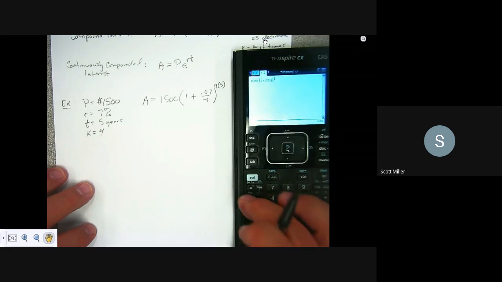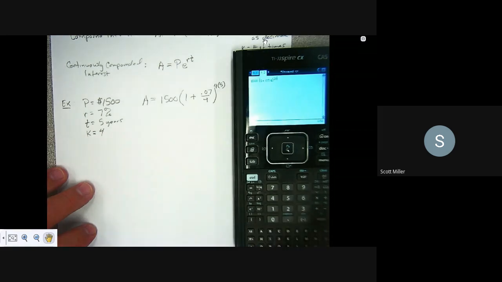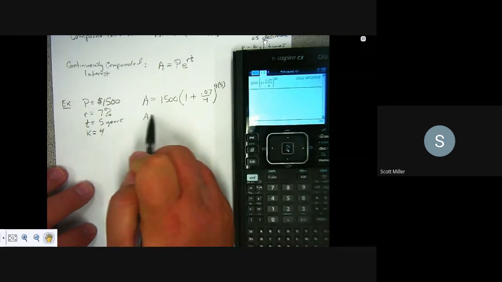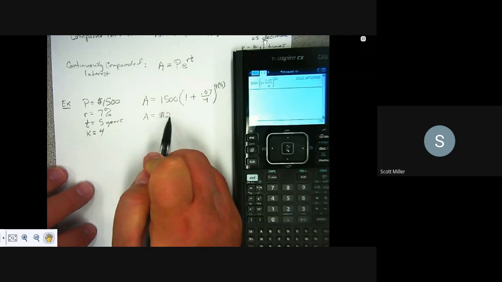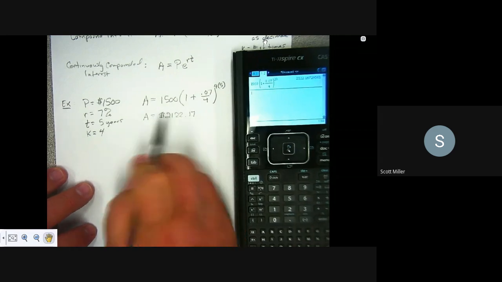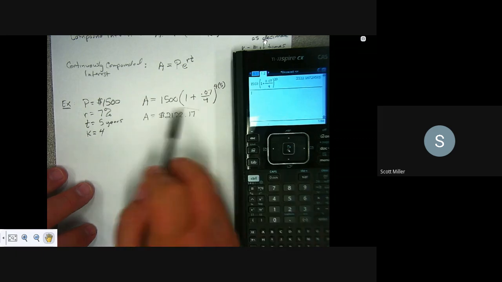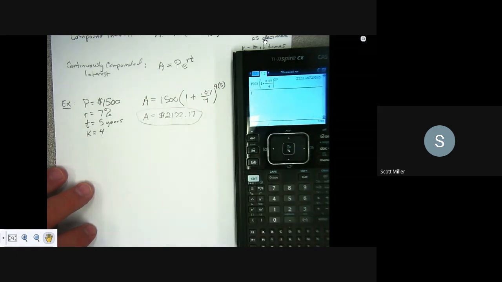Close the parentheses, raise it up to, and I'm just going to go 4 times 5, which is 20. And then I get an answer here that I will have 2,122.17. Remember, this is a dollar amount, so you want to round to 2 decimal places. All money amounts should be rounded to 2 decimal places for the nearest penny. And so that's how much will be in the account at the end of 5 years.